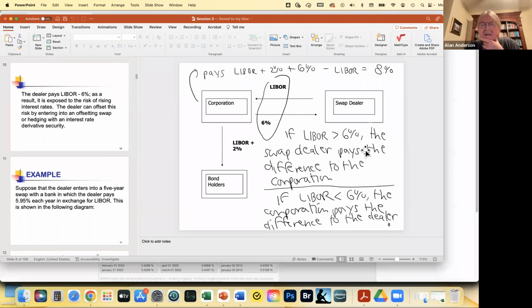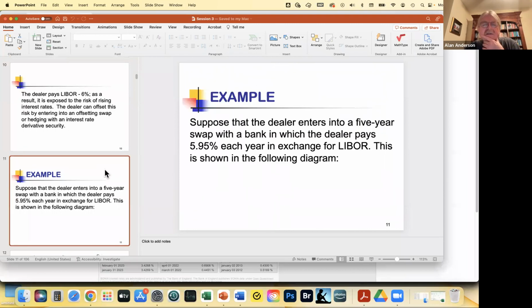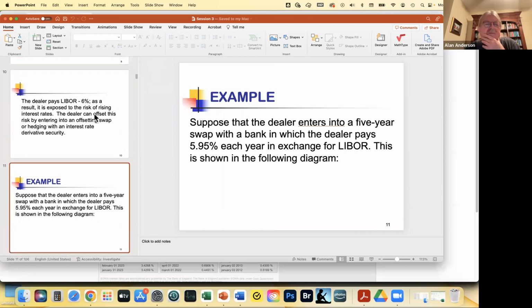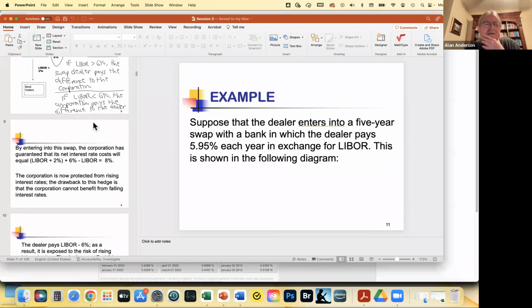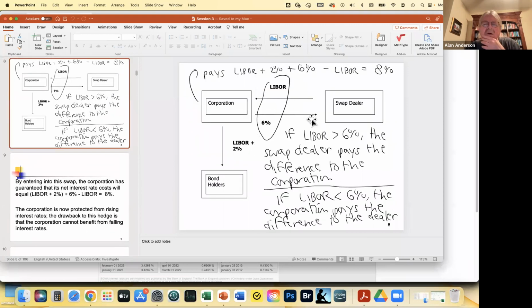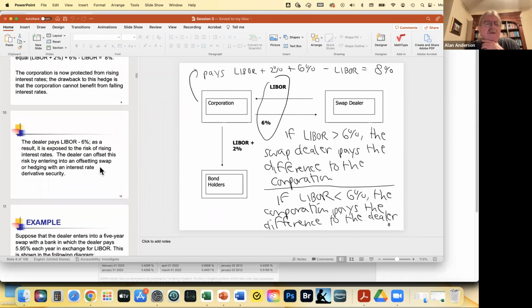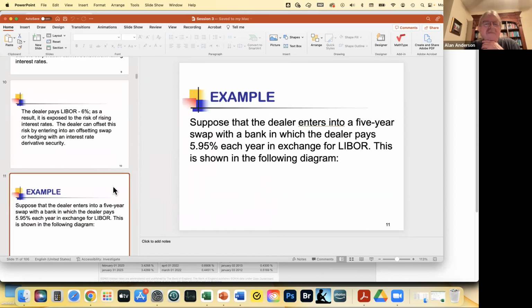What they will do is they'll go out in the market and find someone else to make a deal with, in which they can trade the 6% they're receiving from the corporation for LIBOR, or possibly something slightly less than that. So let's just say that they find another counterparty to make a deal with, in which they pay 5.95% and get back LIBOR.